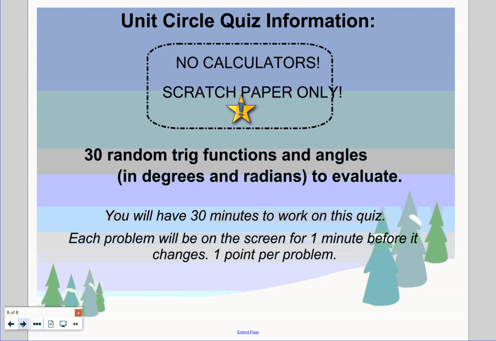We, as a class, for 30 minutes, will look at a slideshow, and every minute the slide is going to change. On each slide will be one of our trig functions, so one of the 6: sine, cosine, tangent, cosecant, secant, cotangent, and then an angle that's either in degrees or radians. So it might say secant 7 pi over 6, or it might say cosine pi over 2, or it might say cotangent of 315. And your job is to evaluate that.